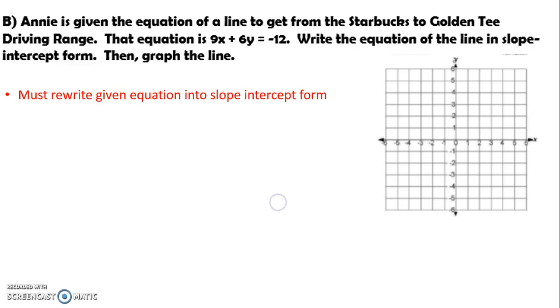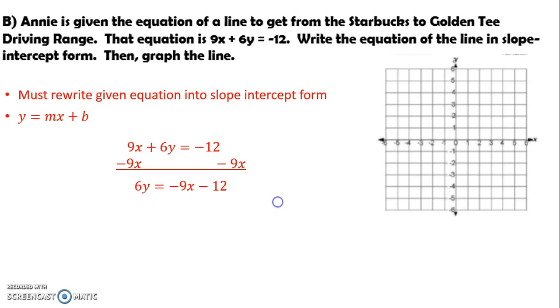First thing we must do is rewrite the given equation in slope-intercept form. Again, slope-intercept form is y equals mx plus b. The given equation was 9x plus 6y equals -12. First, I subtract 9x from both sides, and I wind up with 6y equals -9x minus 12.